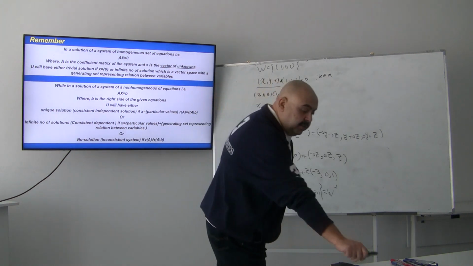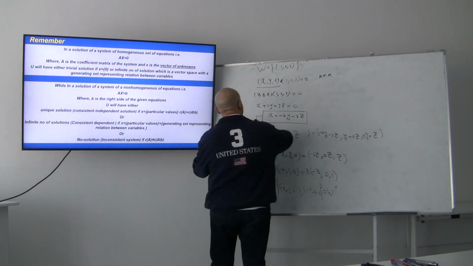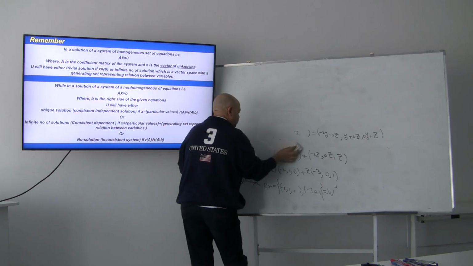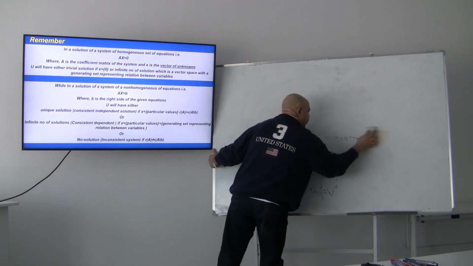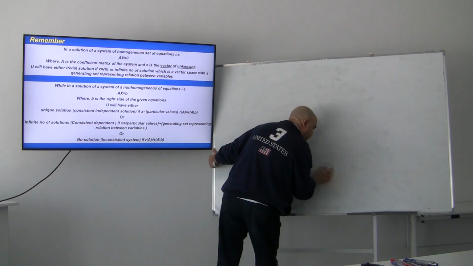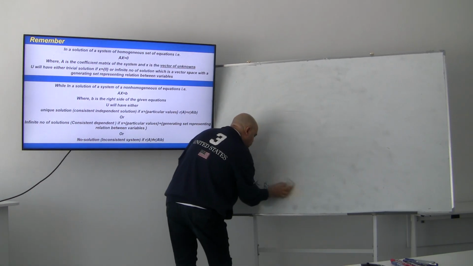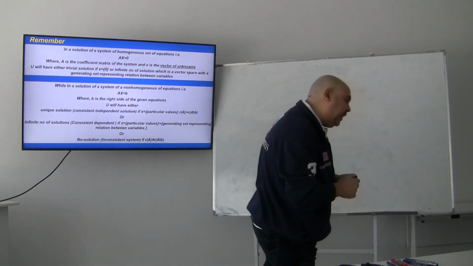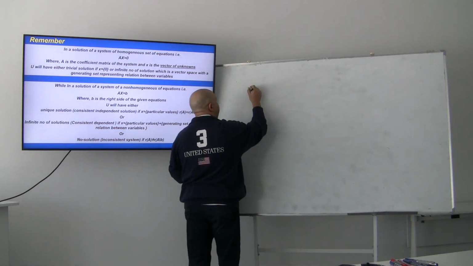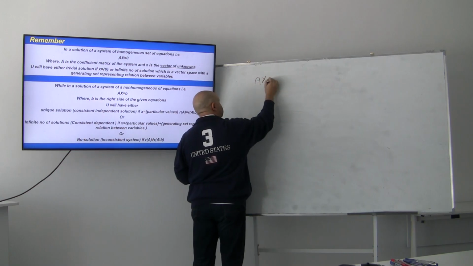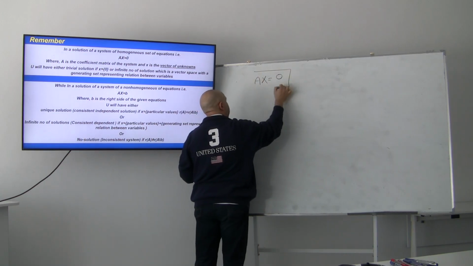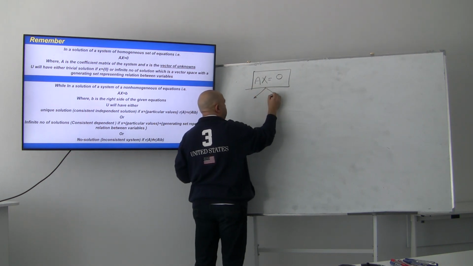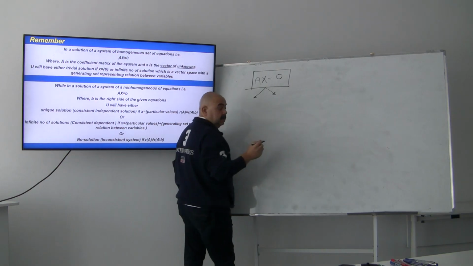If you remember, if we try to solve a system of equations, just in a second, I want to make this clearer for you. What I want to say is that if I have Ax equals 0, which is a homogeneous system of equations, you will be in two alternatives.